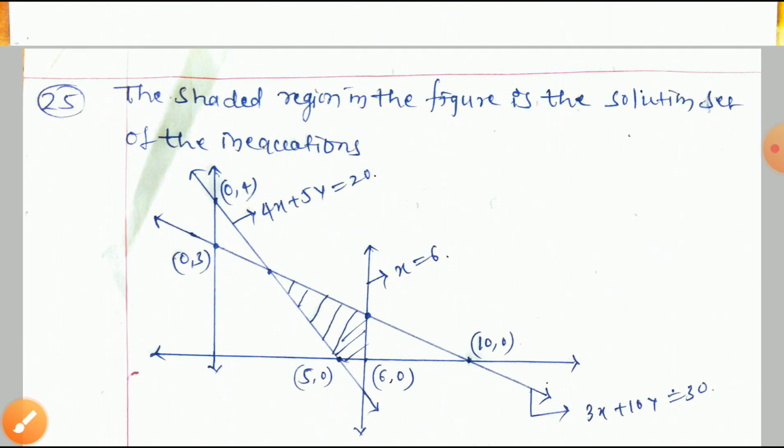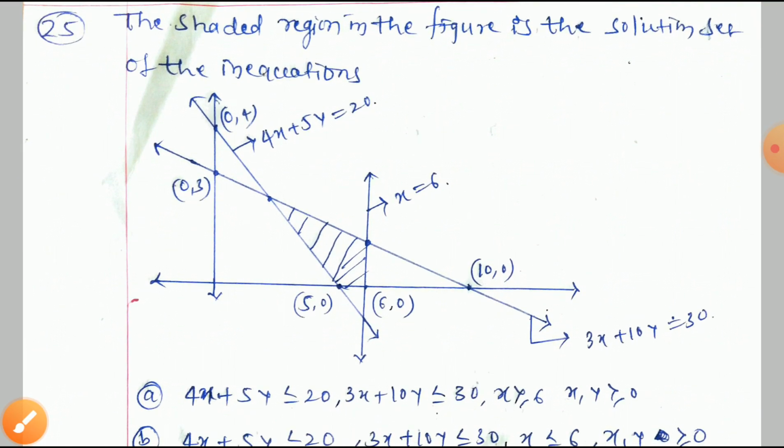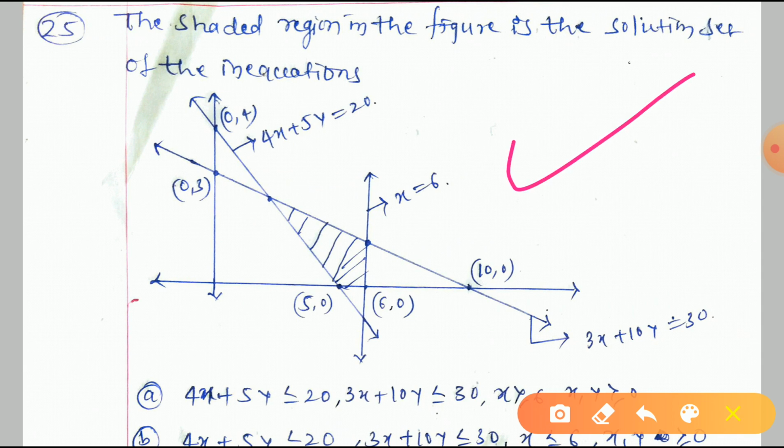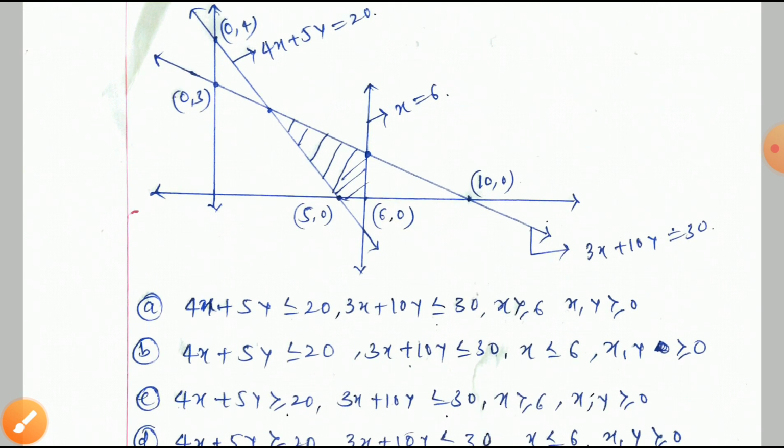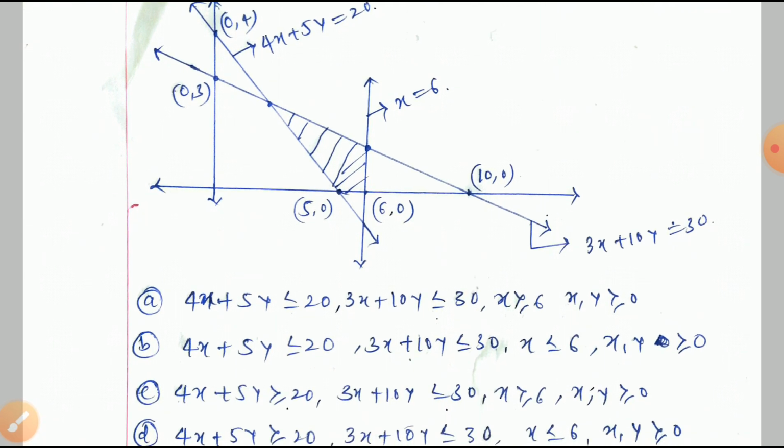Next move on to question number 25. The shaded region in the figure is the solution set of the inequations. Here this figure is given. We solve this question by verification using the options to determine which one is correct.